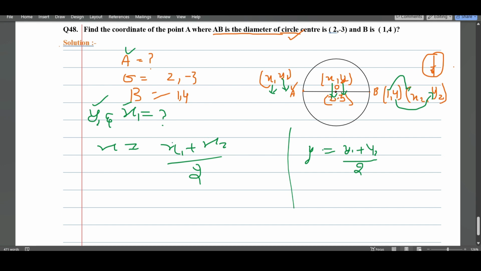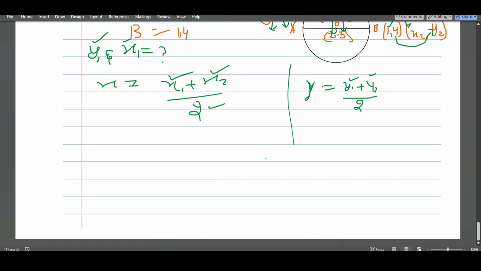So the formula is x equals x1 plus x2 divided by 2, and for finding y1 and y2, we know the values, as I told you.